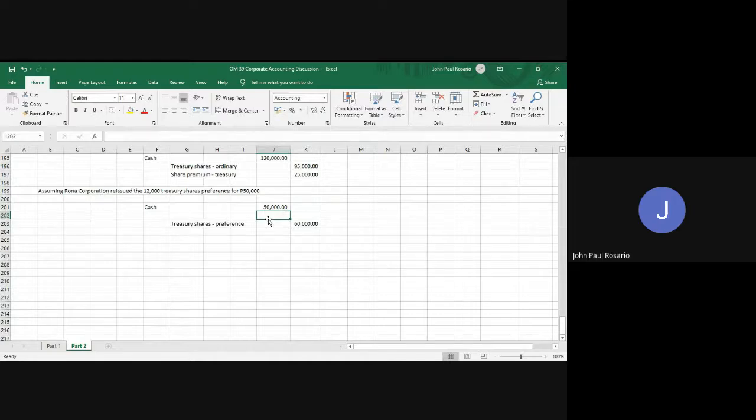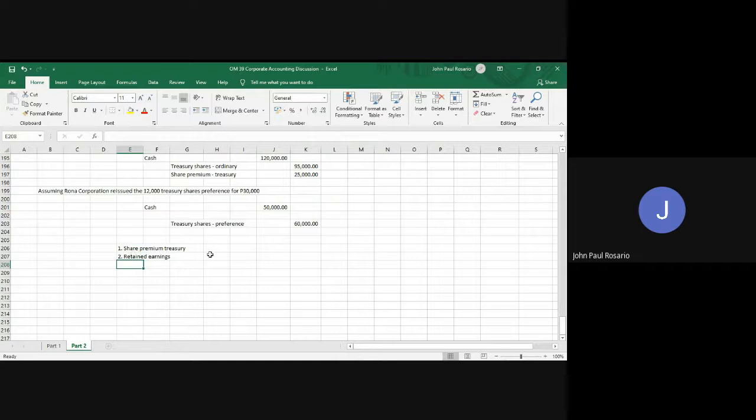So with that, what is the entry? What do you credit? First, credit the share premium treasury. So share premium treasury, and then second is retained earnings.